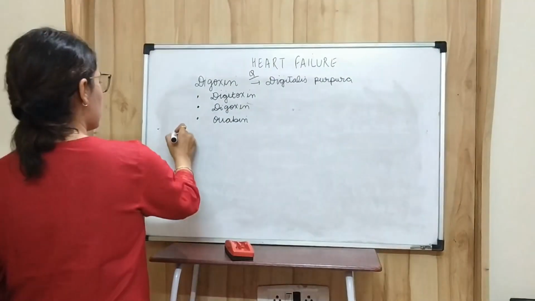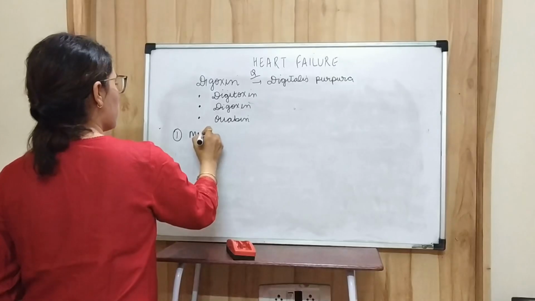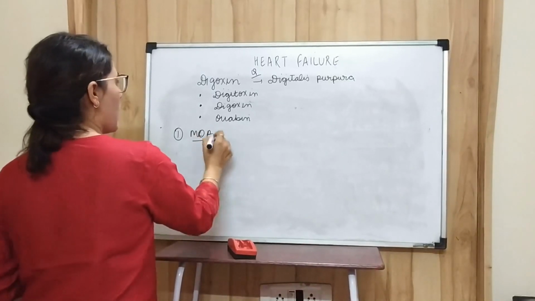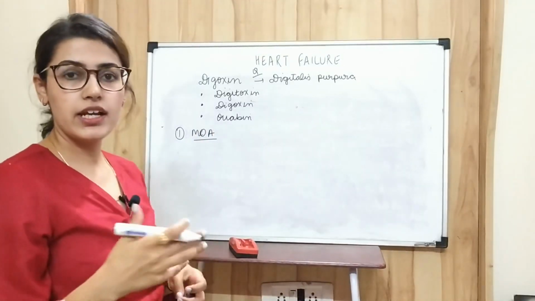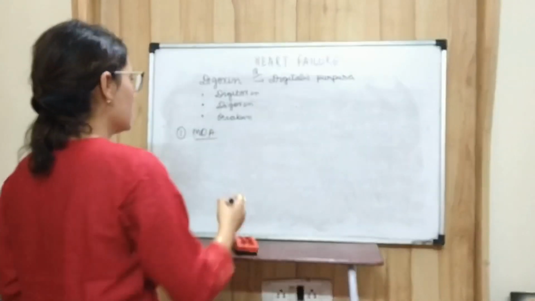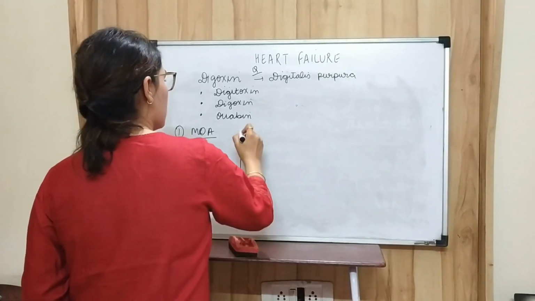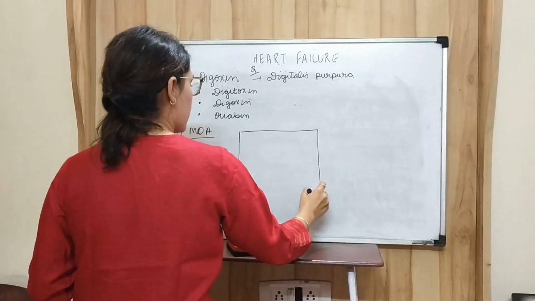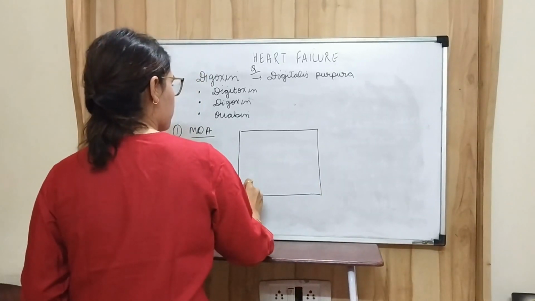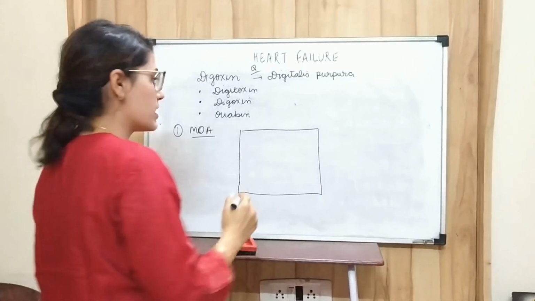Now first things first is the mechanism of digoxin. Why do we use digoxin in heart failure? For that, first we make a cardiac or myocardial cell. This is the myocardial cell.